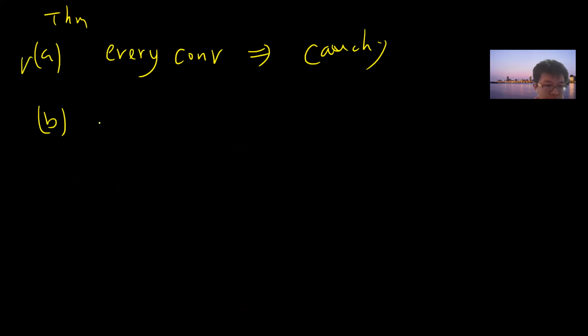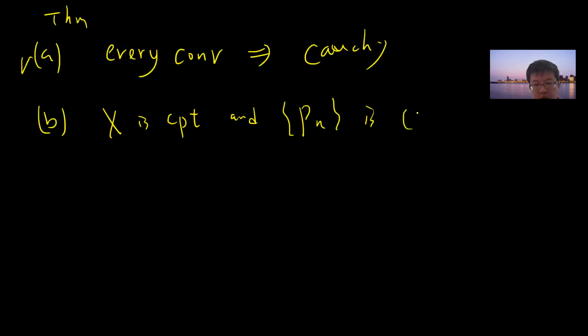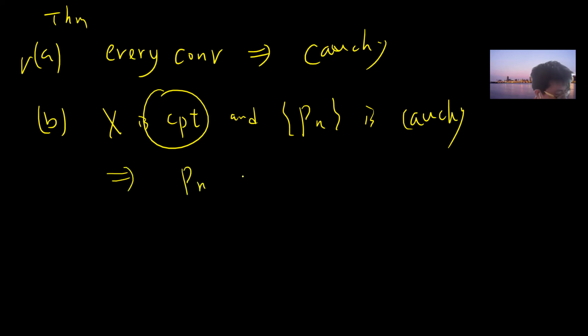Let's prove another one: if X is compact and p_n is Cauchy, so somehow you need to add some condition like compact, that's why compact is so important, then p_n converges in X. So basically the convergent point p will be in X. Somehow compact plus Cauchy gives you convergence. So we need to prove this.